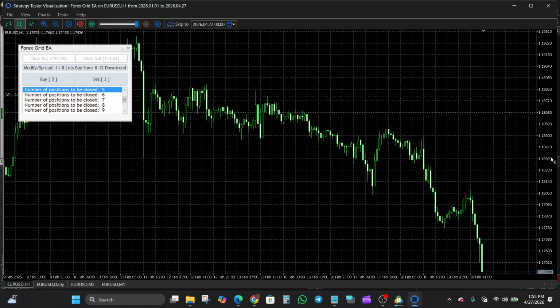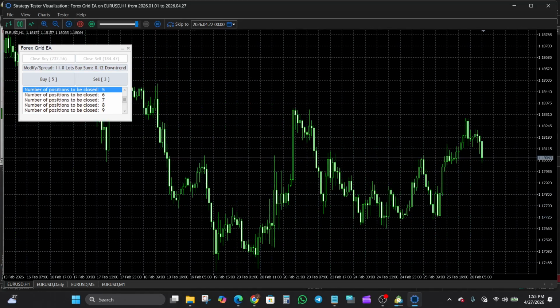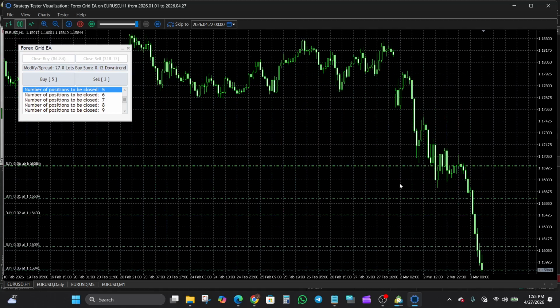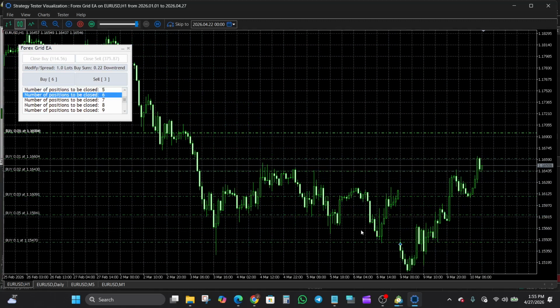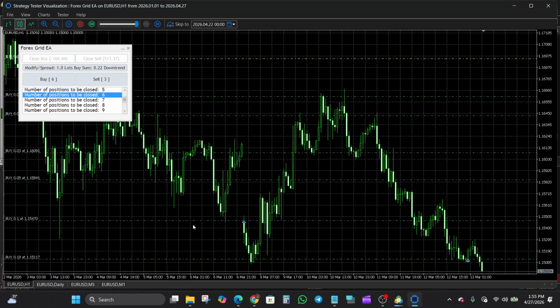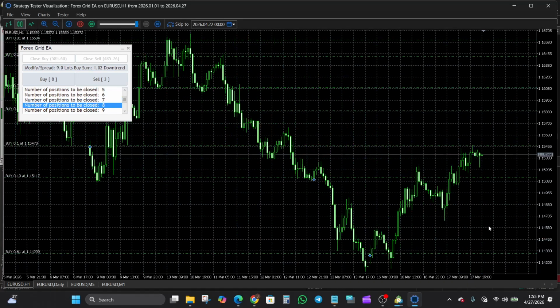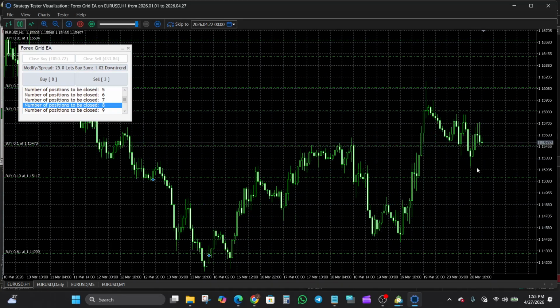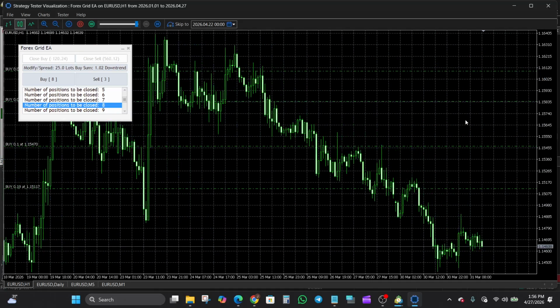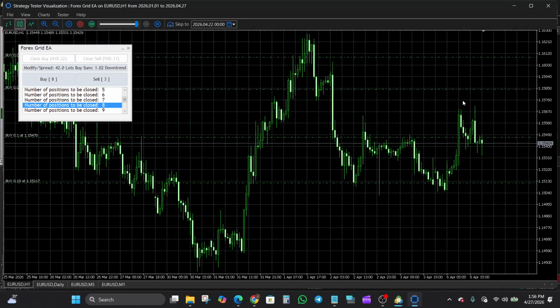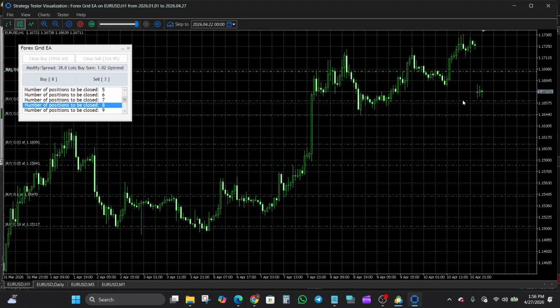So let's keep it going. We can see that position size is being increased, which means it is actually employing some martingale method to try and recover losses quickly.